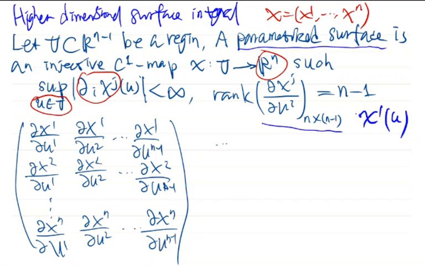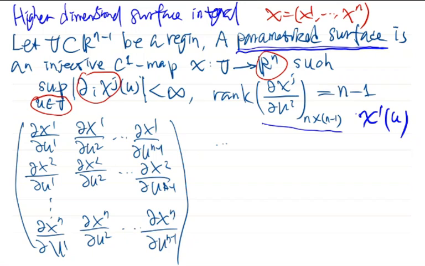Okay. So this is a parametric surface. A parametric surface is an injective C1 map, a continuously differentiable map from an n-1 dimensional region to n-dimensional space, such that the partial derivatives of all the components of x are bounded functions on the open set U. And also the Jacobian matrix has maximal rank.